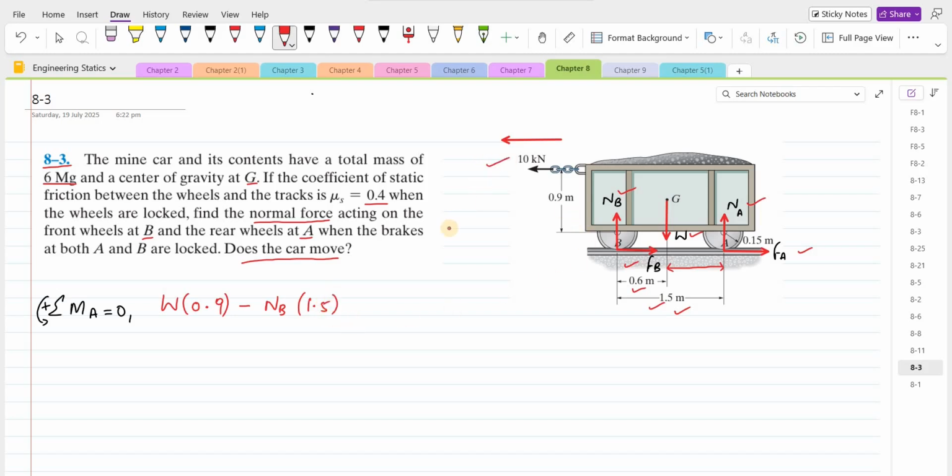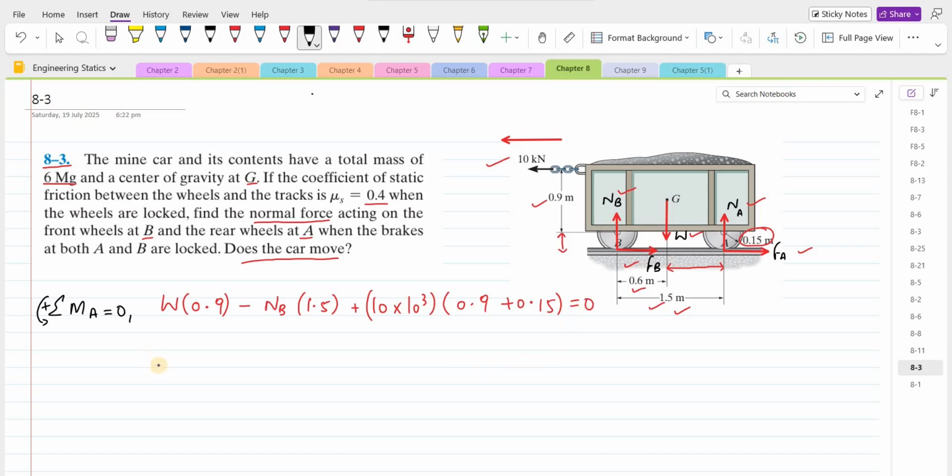This 10 kilonewton external force is also trying to rotate the car in the counterclockwise direction about point A, so the moment produced by this force will be taken as positive. So we have 10 kilonewtons, and we have to convert this into newtons by multiplying by 1000, and the moment arm is 0.9 plus this distance, which is equal to the radius of the wheels, 0.15 meters. So 0.9 plus 0.15 equals 1.05.